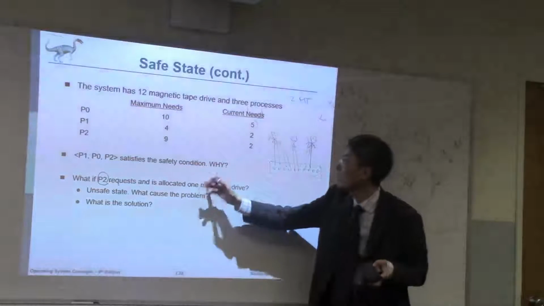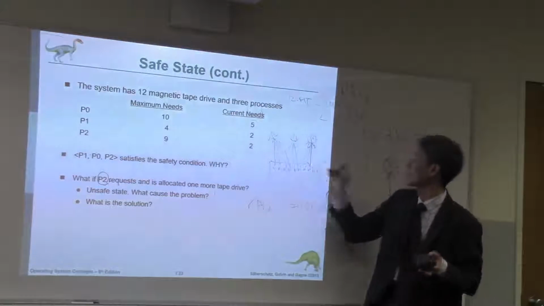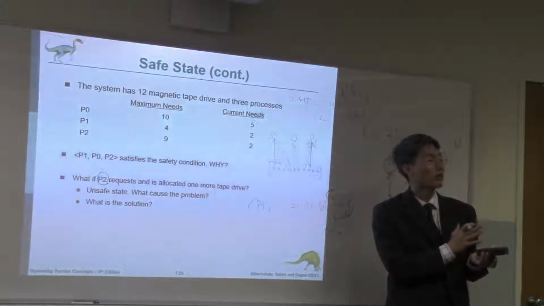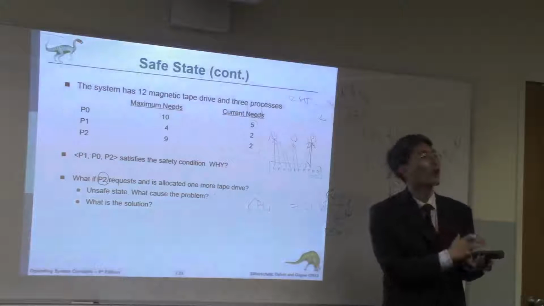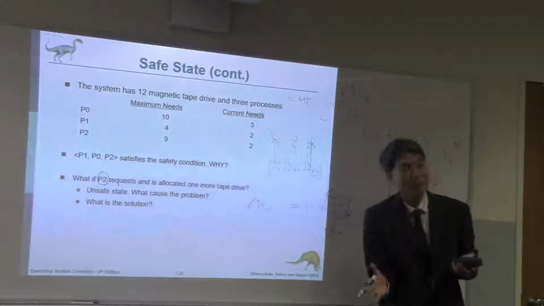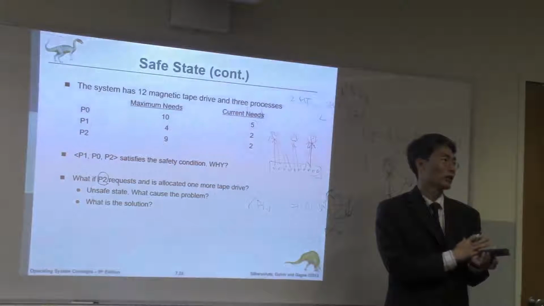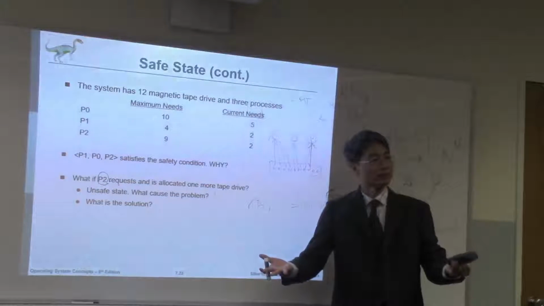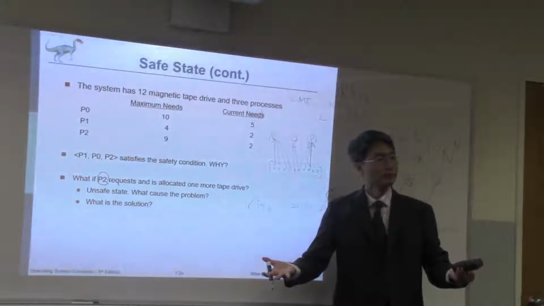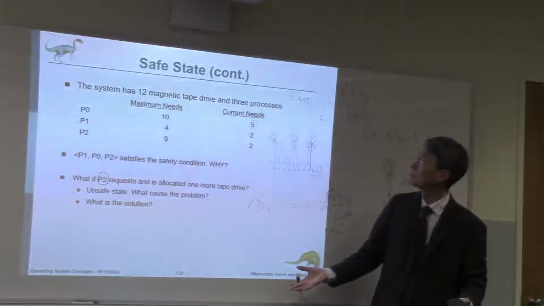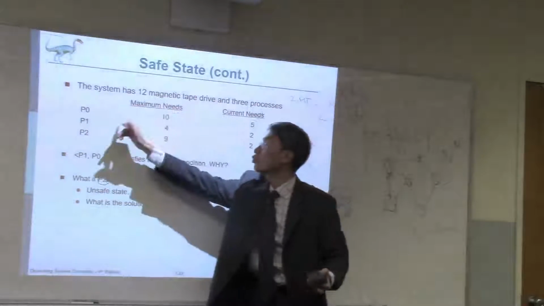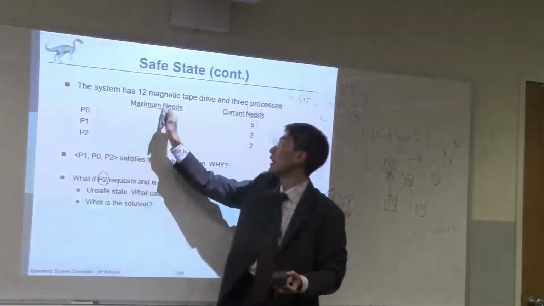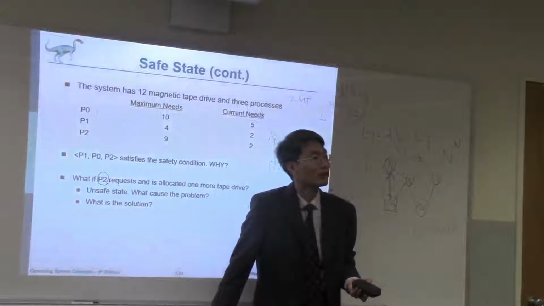Then P2 requests one more magnetic tape. So you need to check whether this request causes a deadlock or not. In other words, safe or non-safe. That is the deadlock avoidance. What about the maximum? Maximum is what is needed to be terminated. For P0 to terminate, you need a maximum of 10 magnetic tapes.